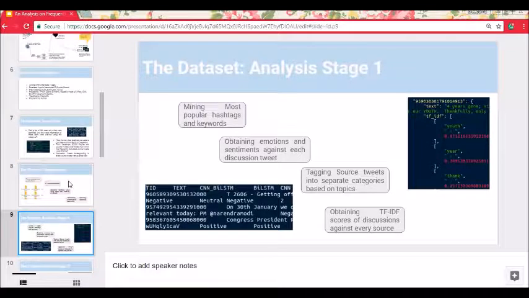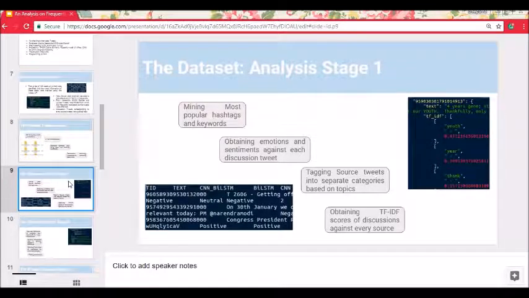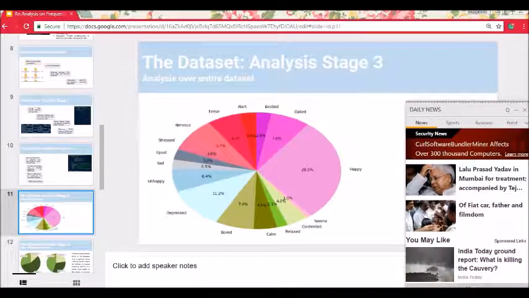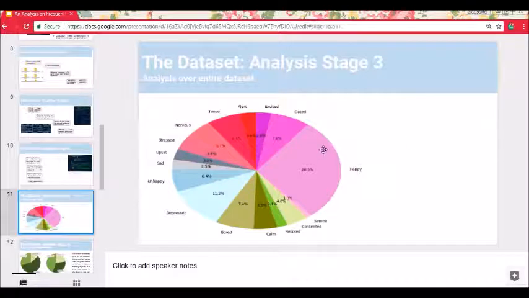The analysis that I did was done from different perspectives. For example, the first analysis task was done on the entire data set. This figure shows the emotion distribution of all the source tweets present in the entire data set.